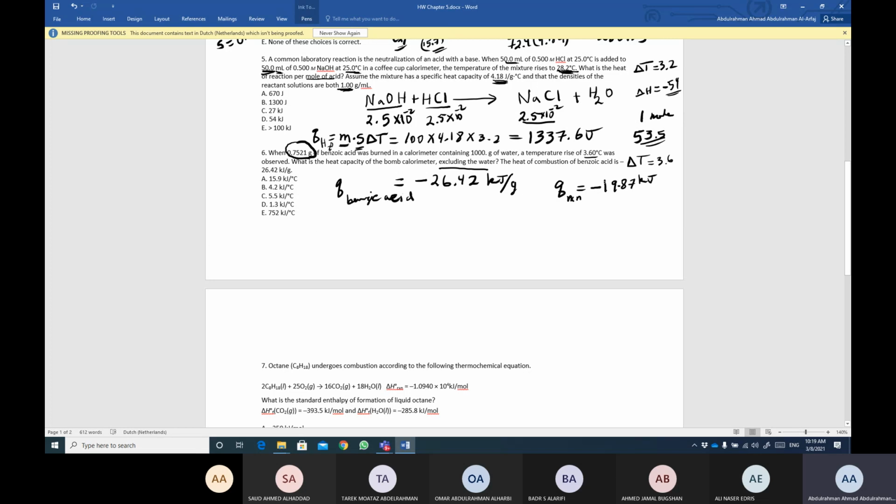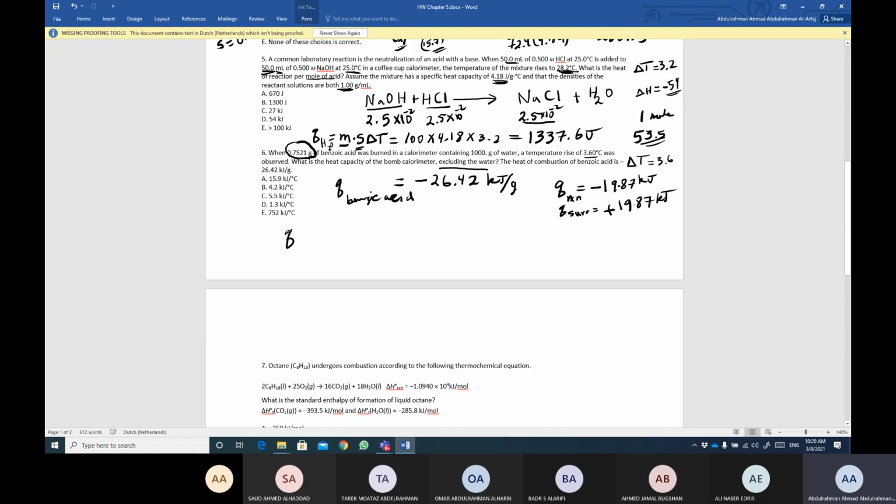Now, this Q of reaction, what's the Q of the surrounding, the water and the calorimeter? Positive. Good. Now, this is equal to what?